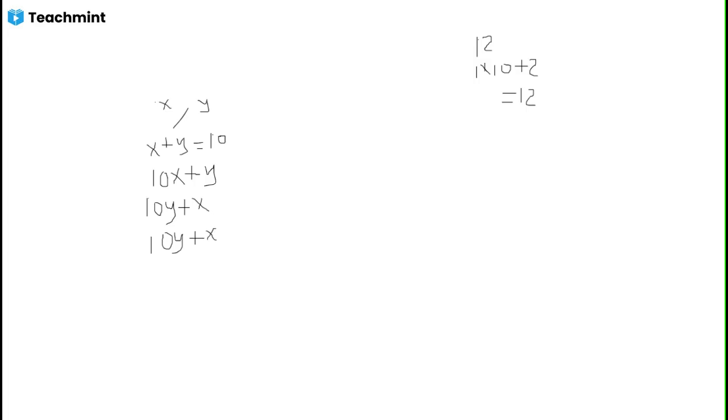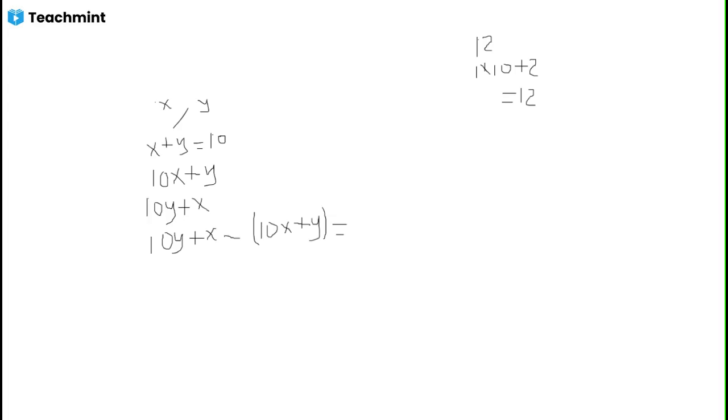When you subtract our number 10x plus y, hapa lazima tutumie bracket because we are subtracting the whole of it, what do you get? 54.